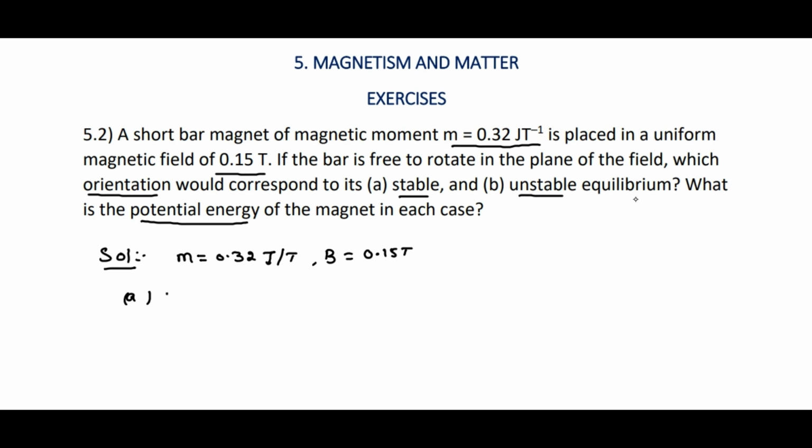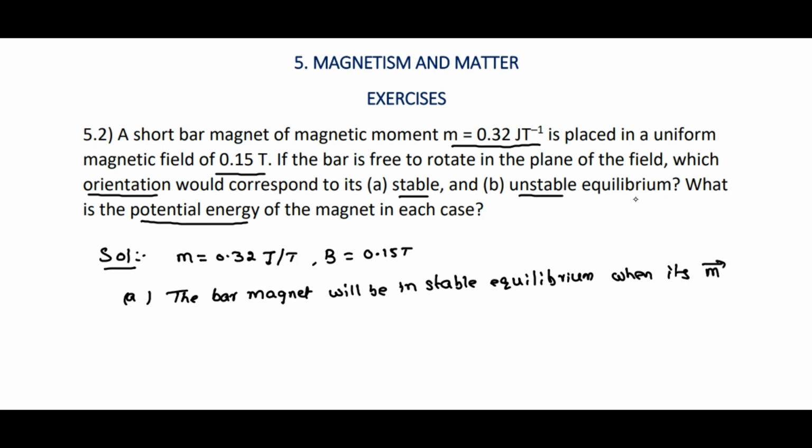The bar magnet will be in stable equilibrium when its magnetic moment is parallel to the magnetic field.